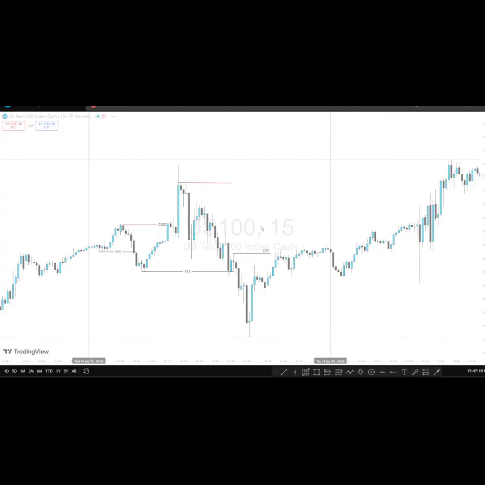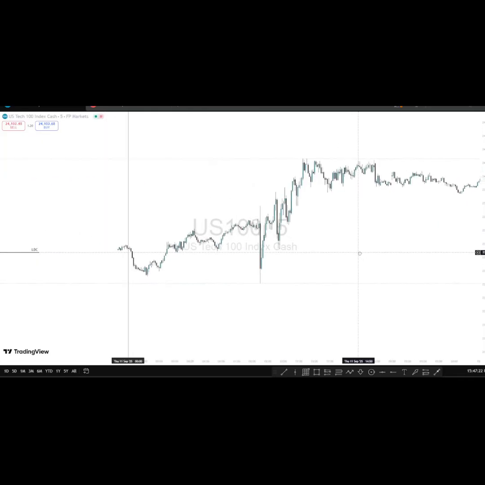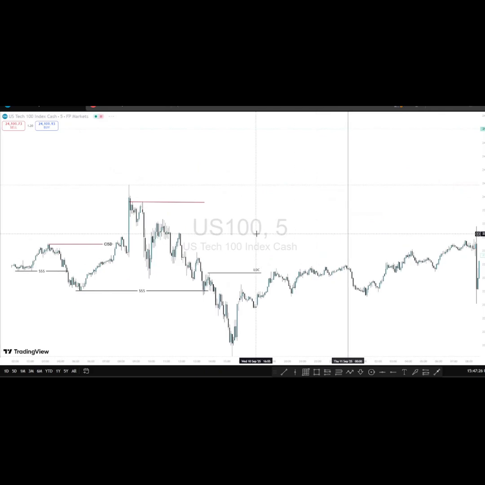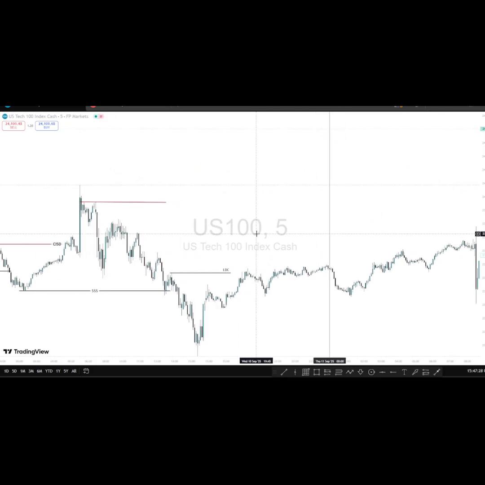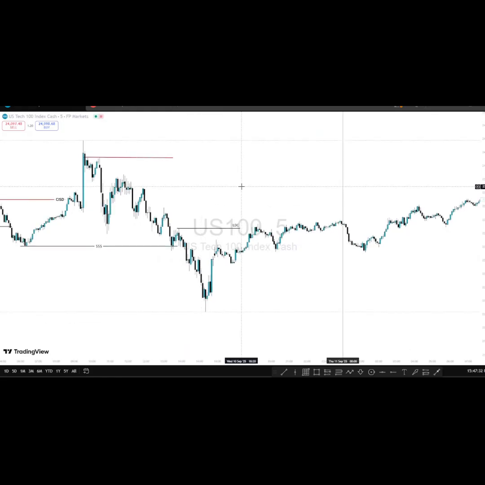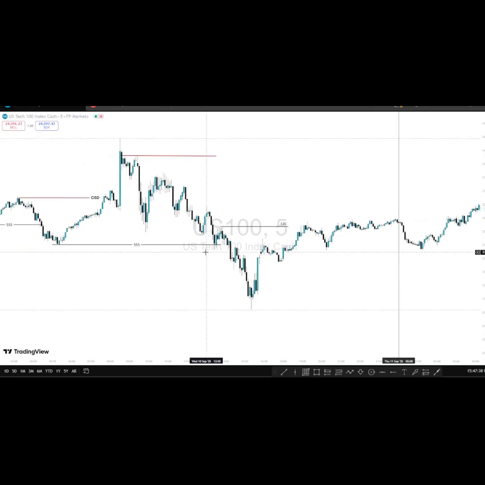So I went down to the 5-minute time frame. Remember, as price keeps trading lower, all I want to see is a change in state on a lower level of price. So when I zoomed in on the 5-minute chart, I noted that price was still trading lower.